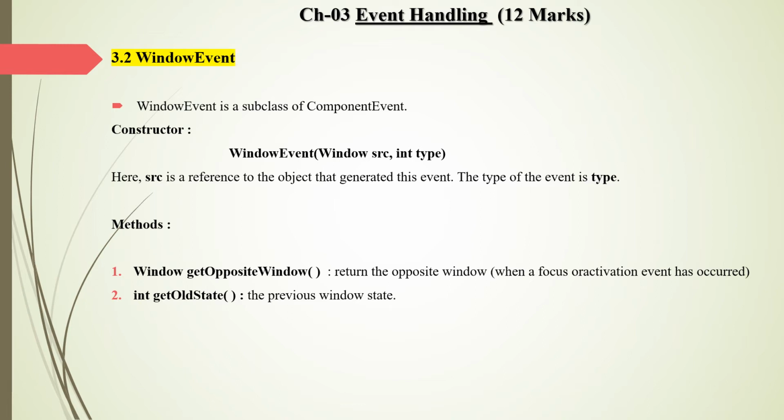This method returns an integer value, the previous window state. And the last method is integer getNewState. This method returns the current window state. So this is about WindowEvent, and here are all our event classes. This is the last class, WindowEvent.